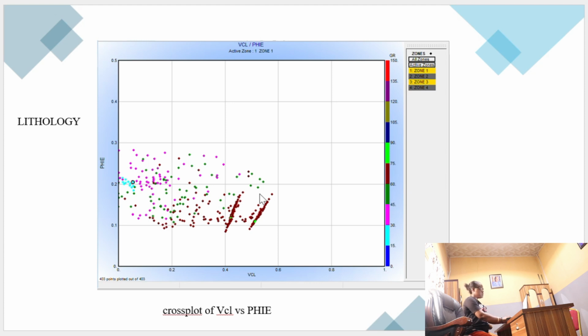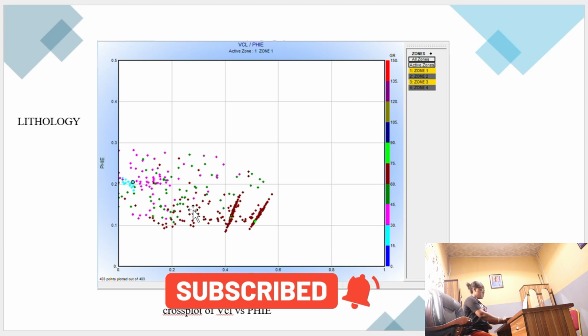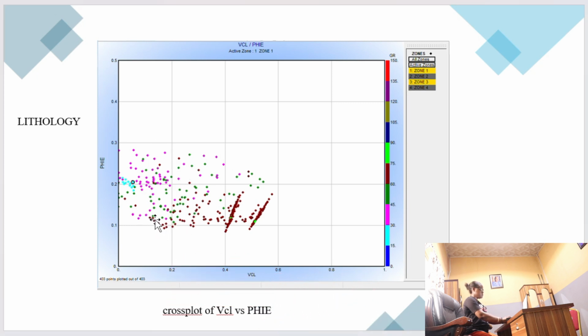Now, when you check this cross plot, you see that our zone 1, which have gamma ray value within those range, that's below 45, or let's say below 50 or below 60, are all in this zone. Let me pick a pencil and draw.